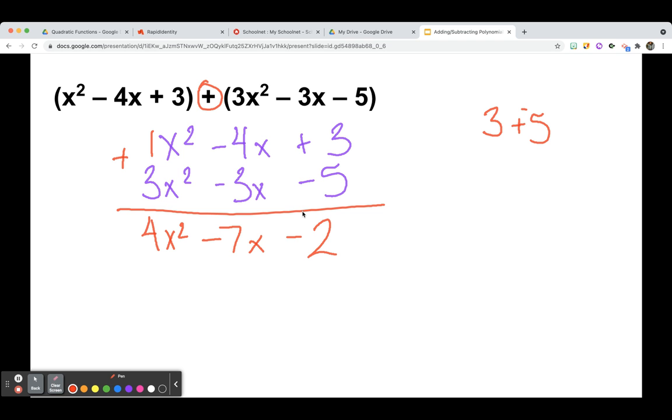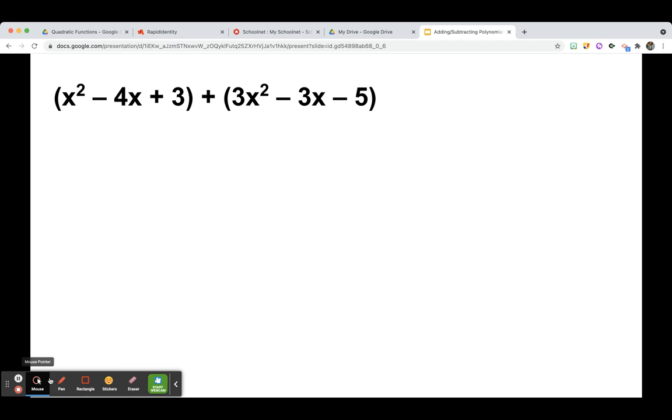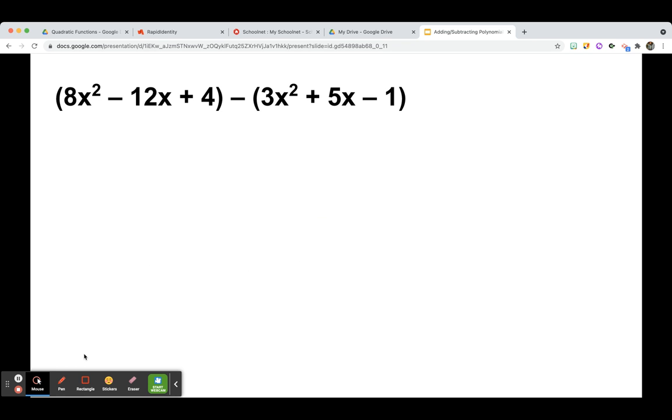Let's go ahead and clear the screen and try another one. The next one, again, we're in luck. This one is already in order, but as you can see, there's a subtraction sign instead.